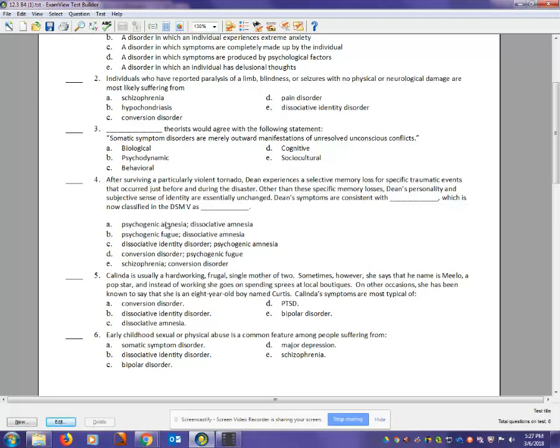Psychogenic fugue is the idea that a person loses all sense of personal identity. You give up your life, you could wander to a new faraway location. Think of any of those stories where a Jane Doe suddenly appears, doesn't remember anything about her past, and then eventually regains awareness of what it was.